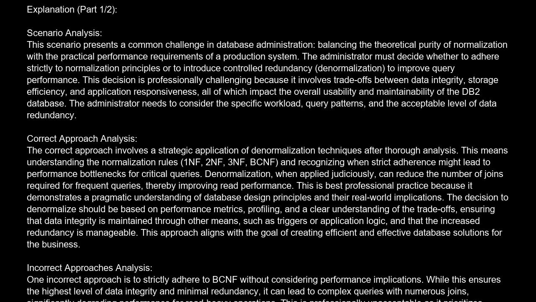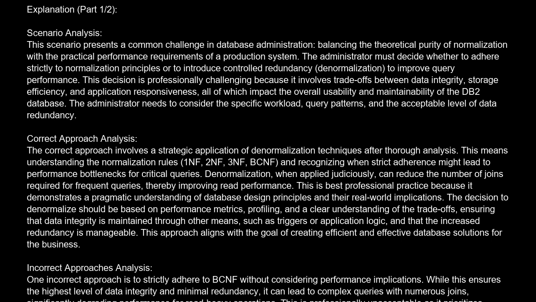Correct approach analysis. The correct approach involves a strategic application of denormalization techniques after thorough analysis. This means understanding the normalization rules, 1NF, 2NF, 3NF, BCNF, and recognizing when strict adherence might lead to performance bottlenecks for critical queries. Denormalization, when applied judiciously, can reduce the number of joins required for frequent queries, thereby improving read performance.